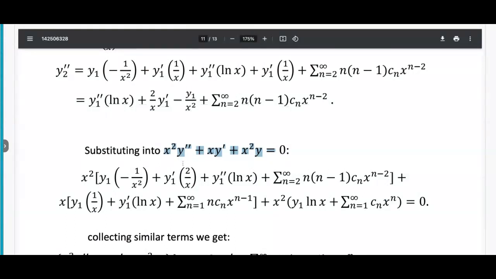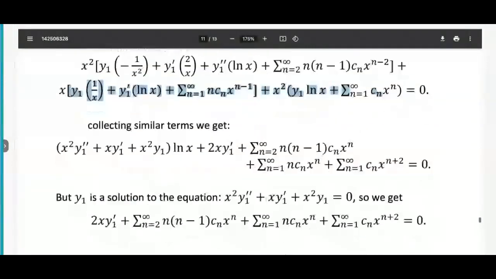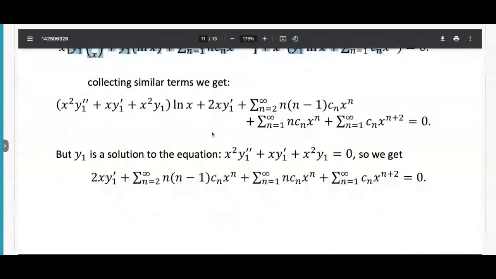Some tedious calculation, I'm going to skip, collecting like terms.